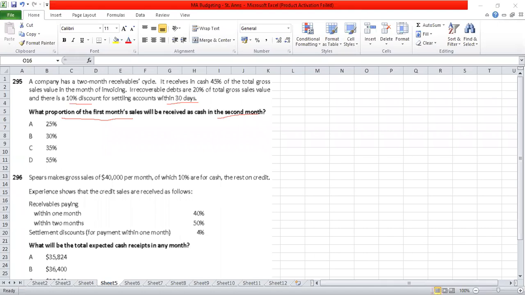We are only given that a particular percentage of the month's sales is received in the same month, right? Then something is not received, which is 20% bad debts. 45% of the total amount of sales are received in the same month. 20% of them are bad debts, and there is a 10% discount for settling accounts within 30 days.